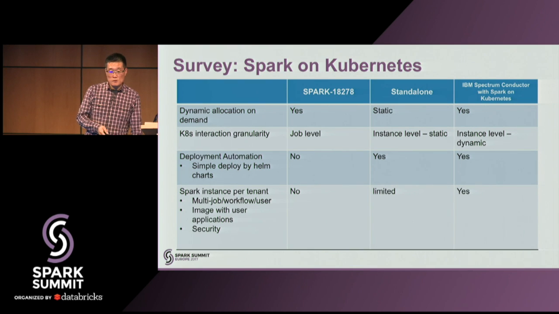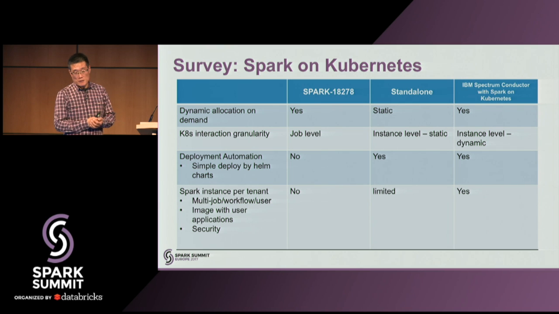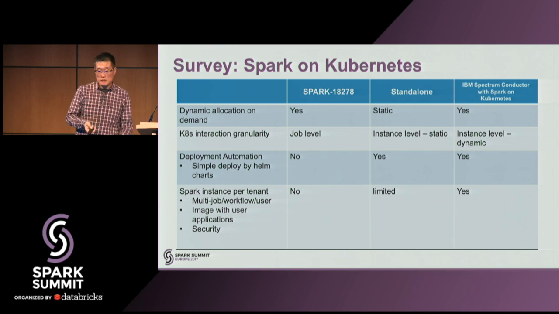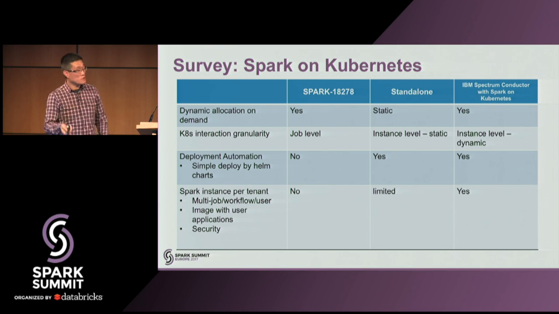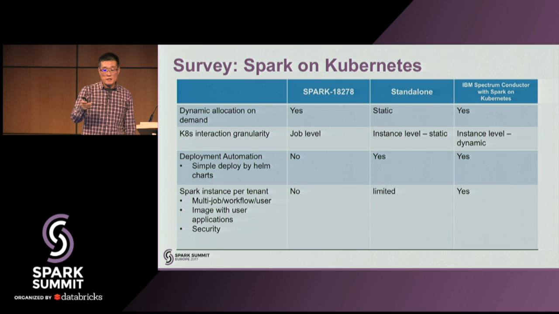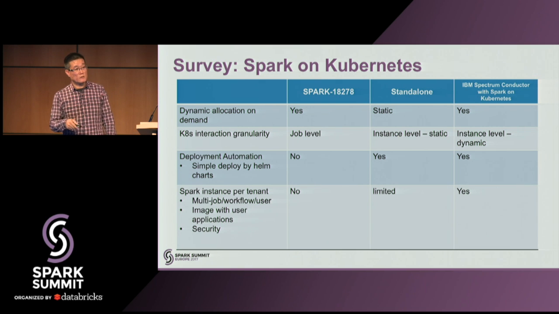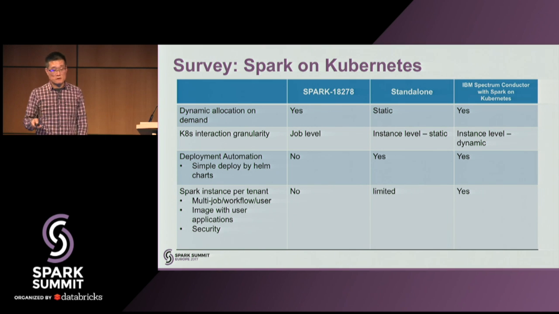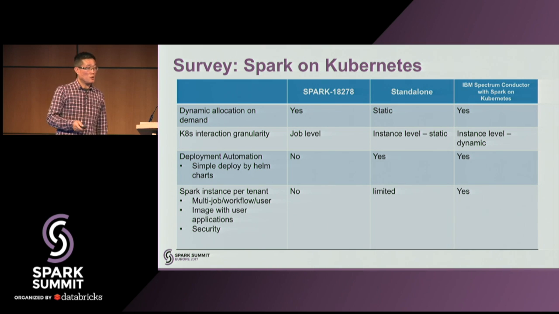Okay, so I try to conclude with this comparison, a survey we did. The first column is the metrics we picked to compare different Spark on Kubernetes approaches. The second column is the one now in open source, which will be published in the next version of Spark. The third one is where a lot of people did pioneering work to put Spark on Kubernetes.